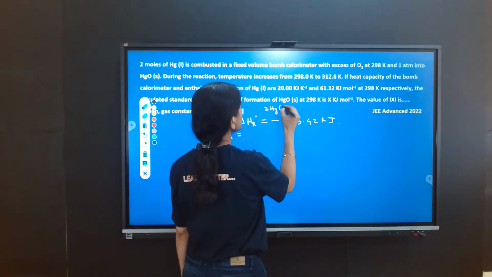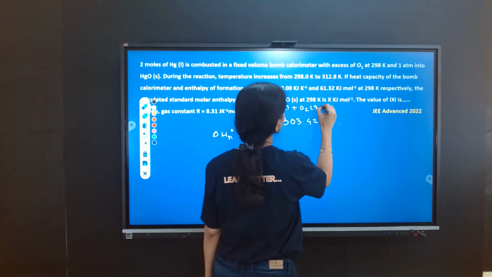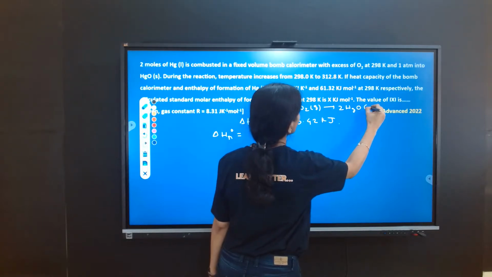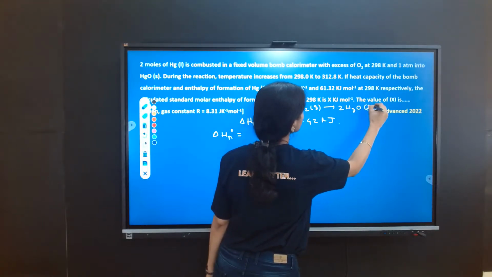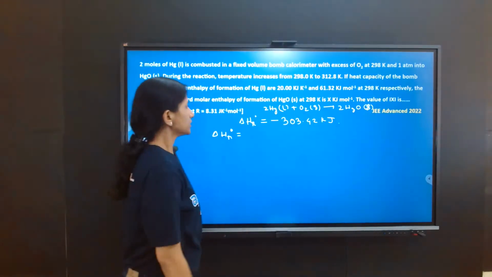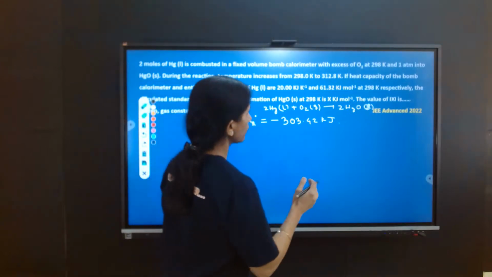The combustion reaction 2Hg liquid plus O2 gas is giving you 2HgO solid. Now this can be written in the following form.